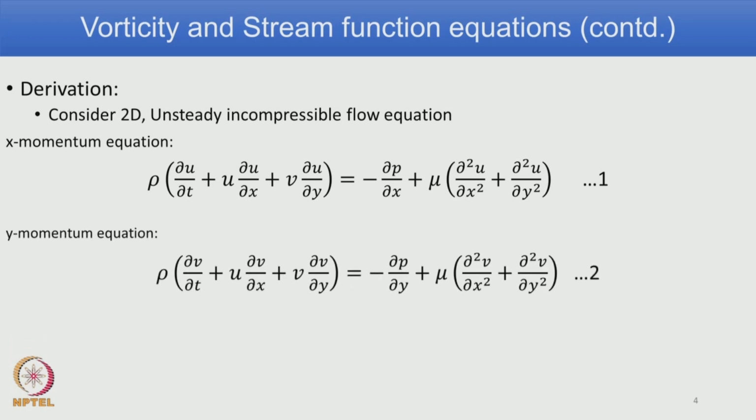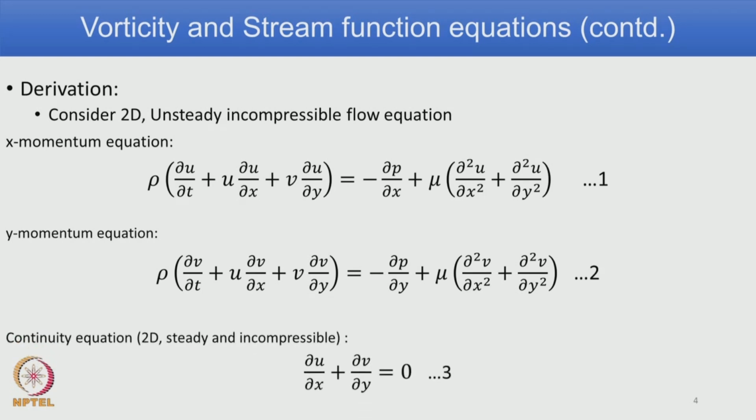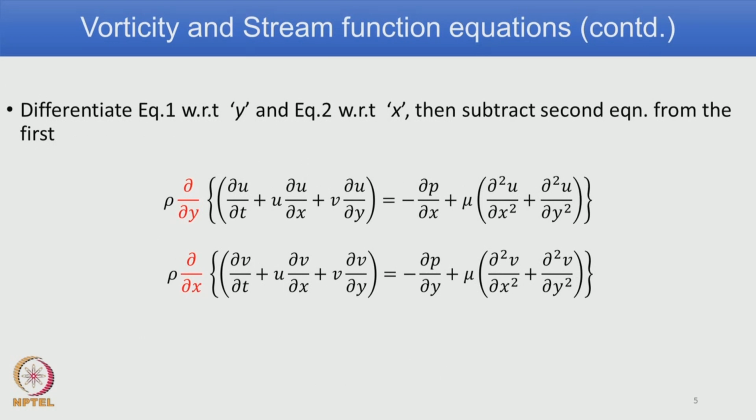So we rewrite here the full equation. We also write the continuity equation for the 2D incompressible situation. Differentiate equation 1, that is the x momentum equation, with respect to y, and differentiate the second momentum equation, that is the equation for v, with respect to x, and subtract one from the other. This is an algebraic step that we are going to follow.